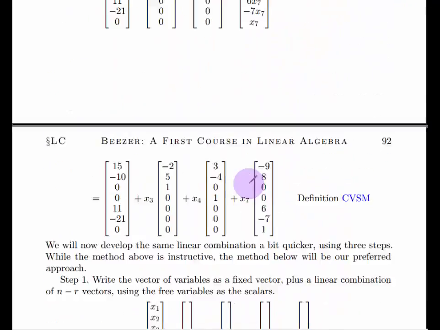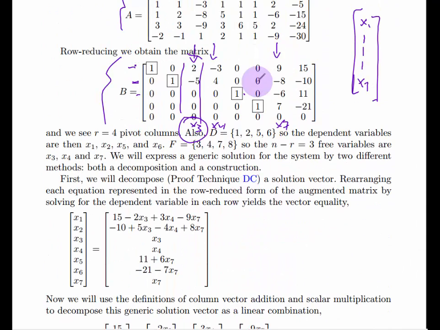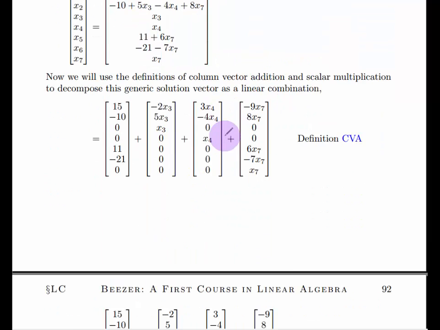Let's go back to the row reduced matrix and see. All right, let's look at this column. It's the negative of this column. Minus 3, negated, gives me 3; 4 negated gives me minus 4; this 0 negated gives me 0, and this 0 negated gives me 0.